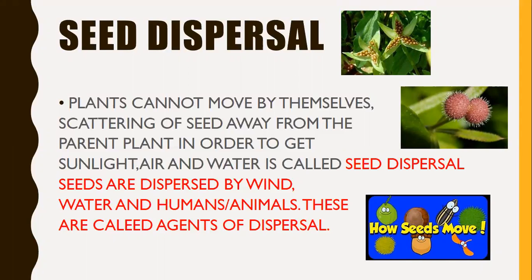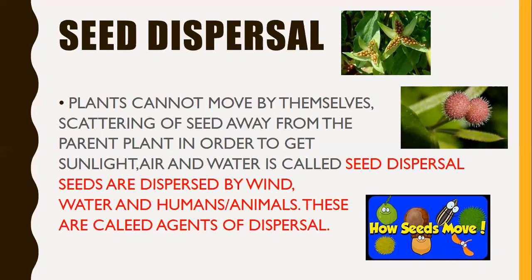Now the question is, how are seeds dispersed? You know, seeds of different plants have different features, and these features help them to disperse. In nature, wind, water, animals, and human beings help in the dispersal of seeds.